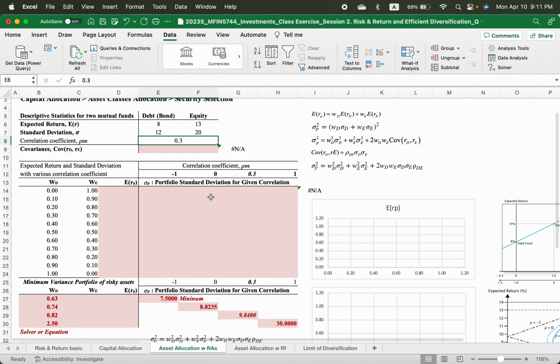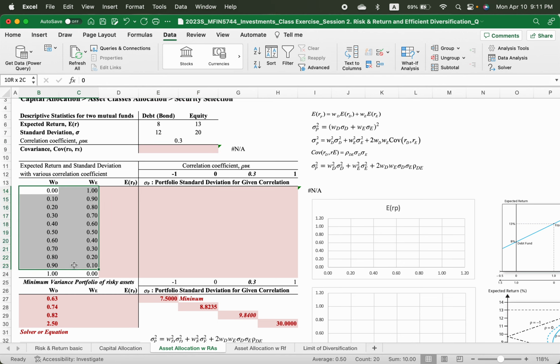Once we calculate all the covariances, we find the expected rate of return and standard deviation with various correlation coefficients: -1, 0, 0.3 in this case, or 1.